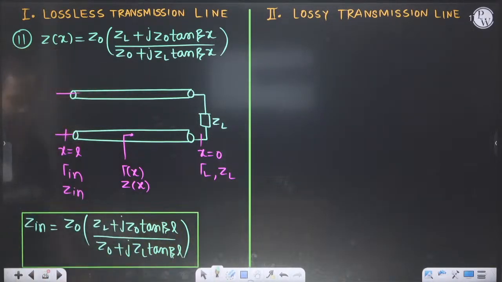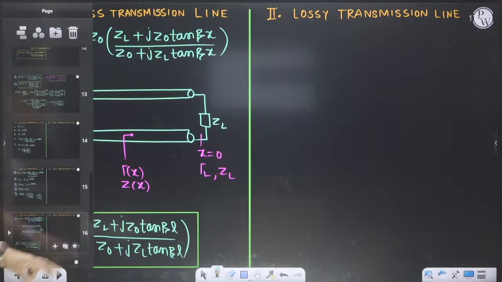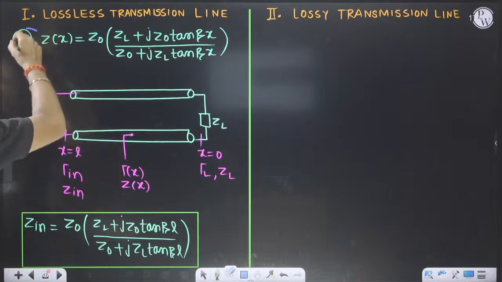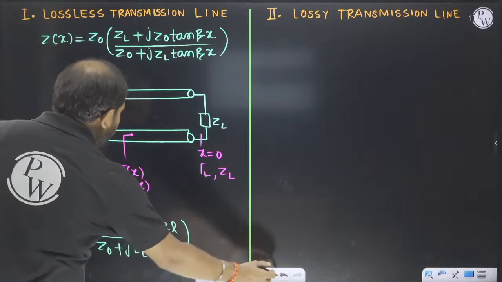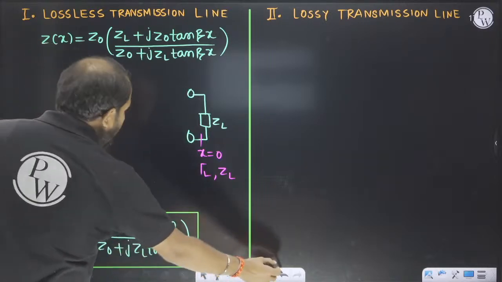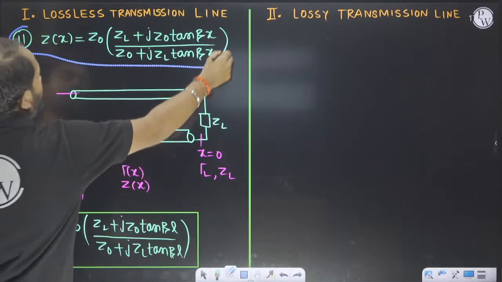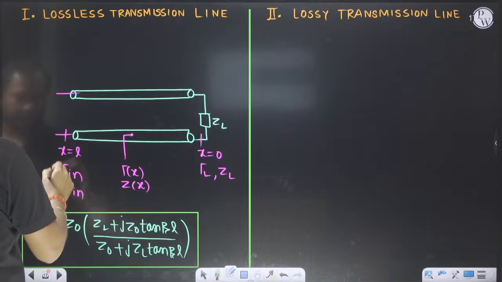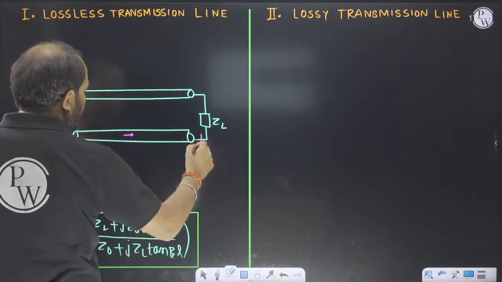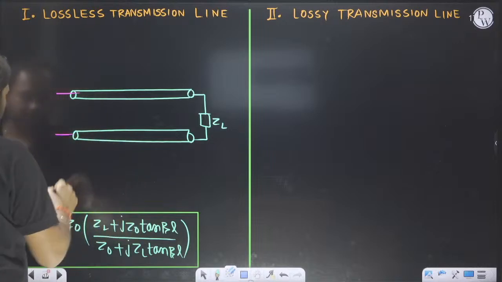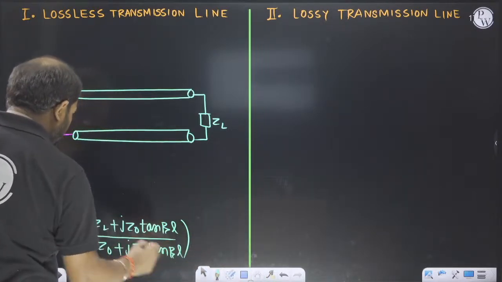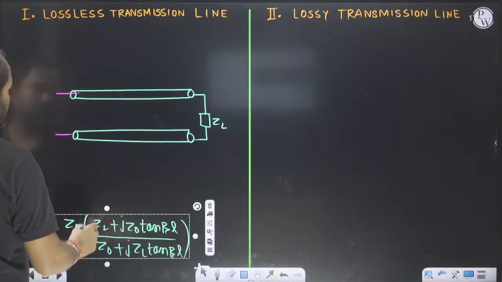Then we have the 12th point: if ZL is equal to 0, that means short circuit input impedance. If ZL is equal to 0, what will happen? We are going to discuss that.